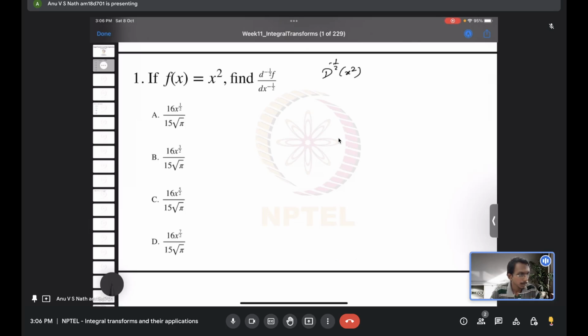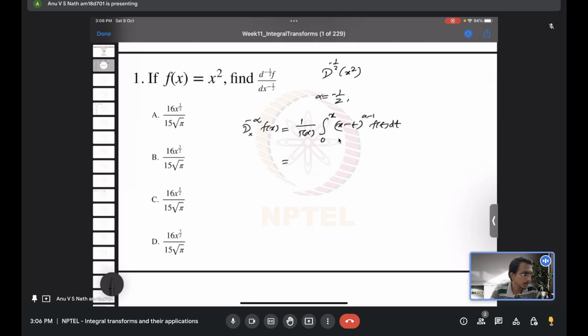Especially we notice here that alpha is equal to minus half. When alpha is negative, an applicable formula which comes from the Riemann-Liouville integral formula, d raised to minus alpha with respect to x of f of x, is given as 1 by gamma of alpha integral 0 to x of (x minus t) the whole raised to alpha minus 1 f of t dt.